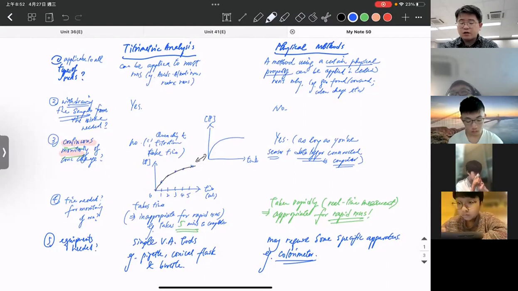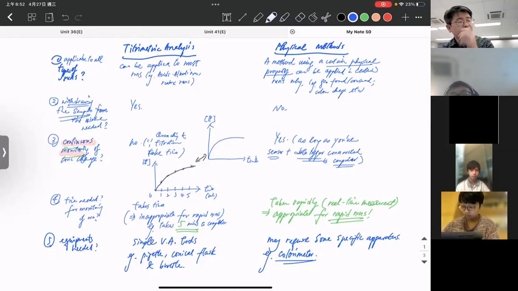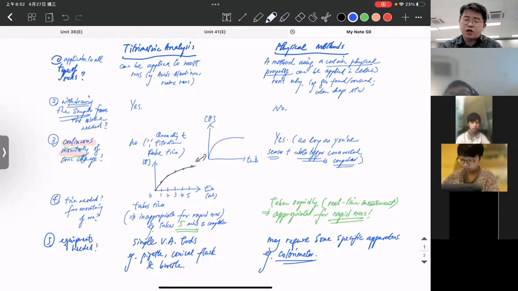But for the physical method, if you really want to do a continuous monitoring, you may need the help of the data logger and the computer. But of course, for the physical method, you may be asked to do some discontinuous data collection by, for example, a human, such as reading the change in volume of gas every 10 seconds. Okay, you may still come to that type of curve.